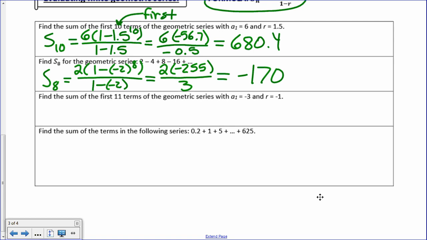Cool. Alright, I want to see if you guys can give the next one a shot on your own. Remember, we still have that a sub n formula in our back pocket if we need it. So I want you guys to see if you can figure out how to approach this one using the same formula we were just working with.